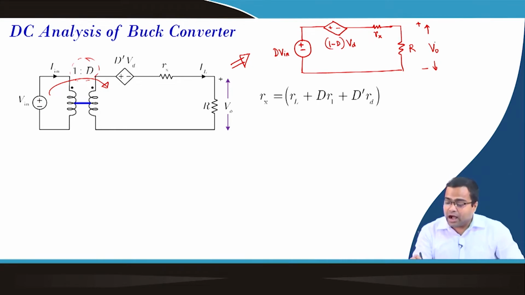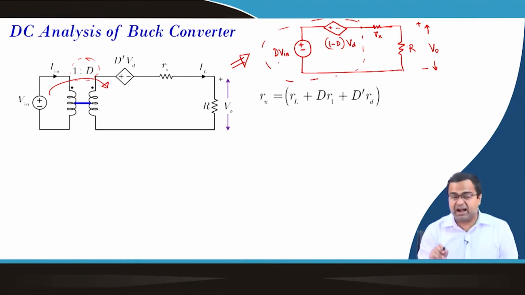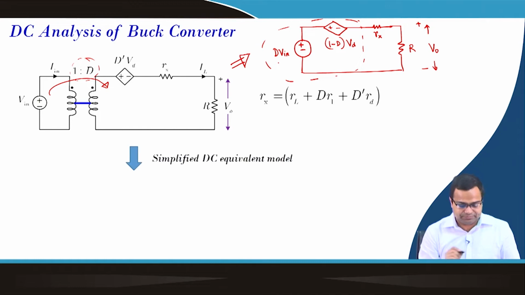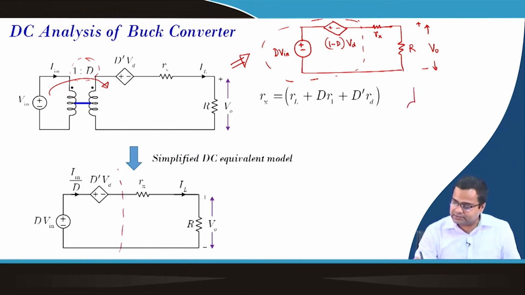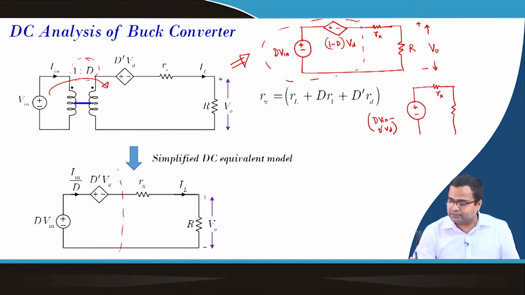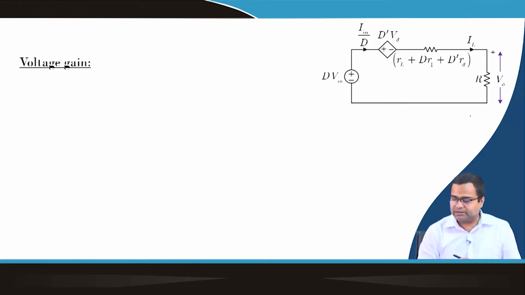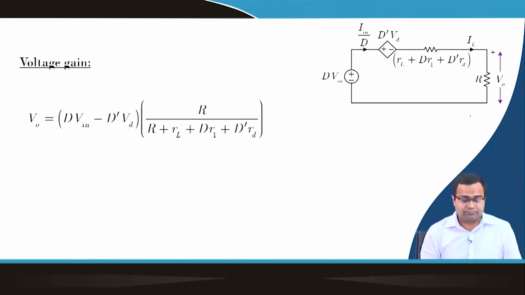Now, how do we obtain the effective voltage here? This will be dV in minus 1 minus D, or D dash, into Vd. So the simplified circuit, I have shown you that this particular term you can further simplify as the net voltage, which is dV in minus D dash Vd. This is my voltage and I have Rx here and R here. Then I can obtain this voltage here.